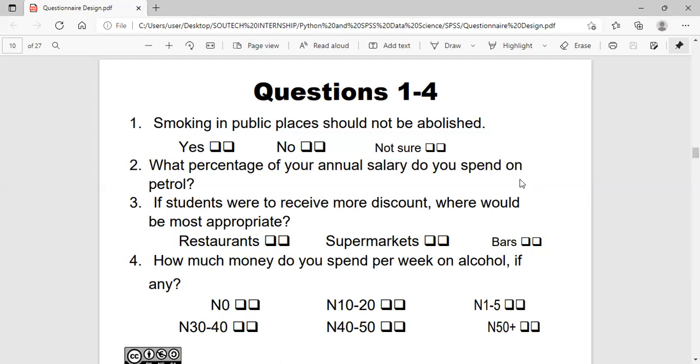Think about this. When somebody gives you this kind of question, what's the first thing that comes to your mind? First of all, the person is not asking you how much you spend on petrol in one day. They're not asking you in a week, in a month, or in a year. They're not just asking you how much, they're asking you what is the percentage.